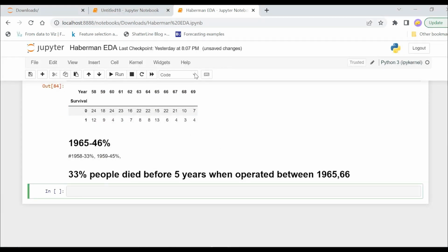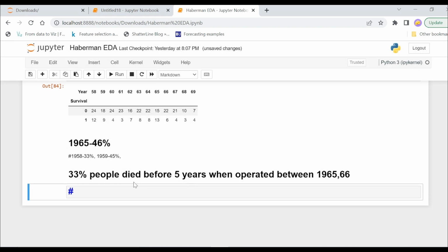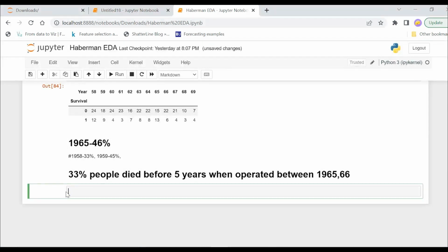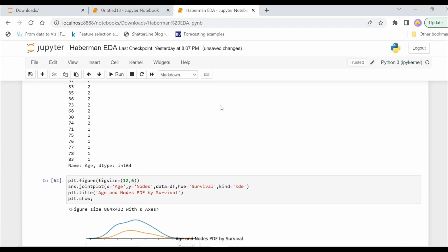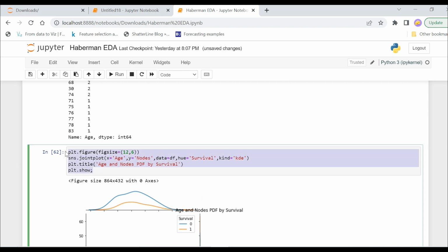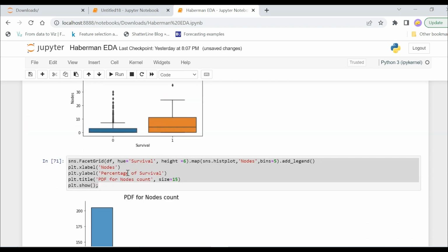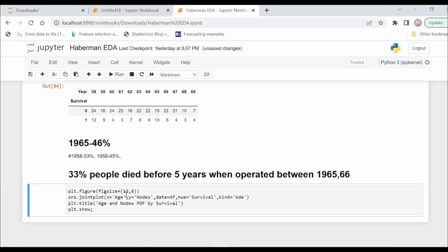Now, before going further, I would also like to do the joint plot analysis as well, because the age, nodes and survival was done. I would like to see the year as well.